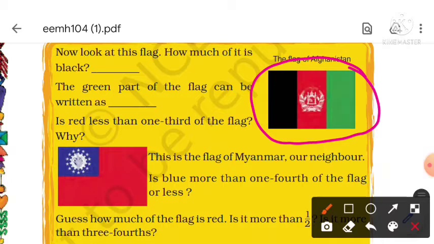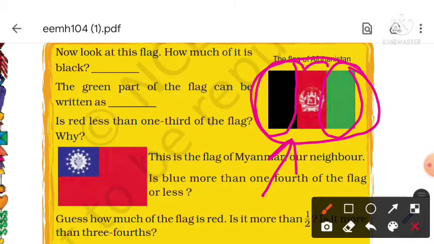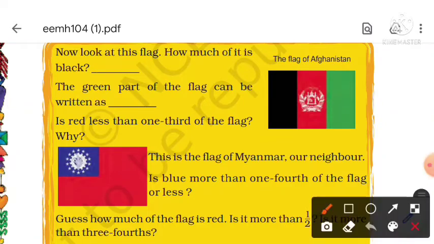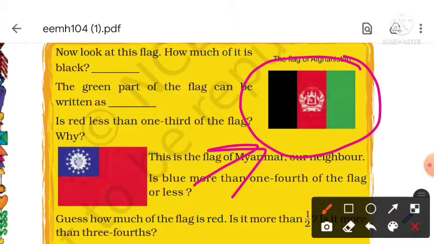As you can see, here also we are having 3 parts. 1/3 portion is black, 1/3 portion is green, and the red is less than 1/3 portion basically. If you look at the flag of Afghanistan, similarly to the Indian flag, we are having 3 parts here.